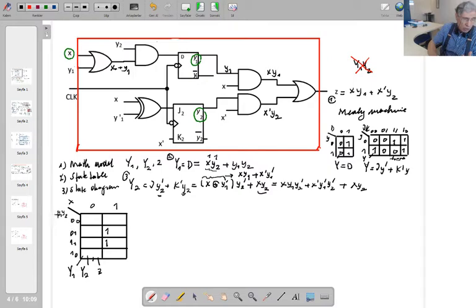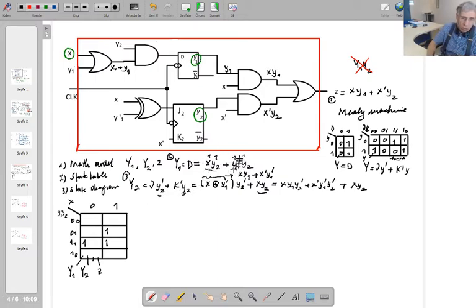When you move this away, what is left is x, y2, which is this. This is y1, y2, so small y1 equal to 1 and small y2 equal to 1, that means that column, that row, isn't it? So if I put here, these two 1 represent this product term.